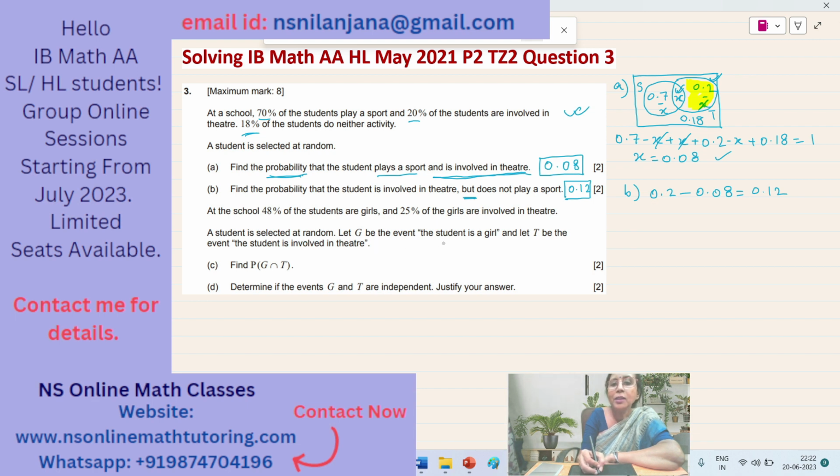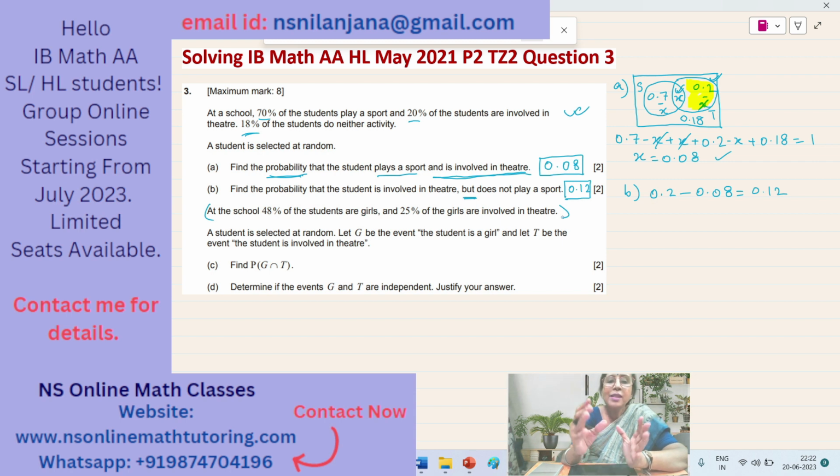Let G be the event, the student is a girl, and let T be the event, the student is involved in theater, and we are having two more subparts. But first of all, let us try to understand what this part means. At the school, 48% of the students are girls and 25% of the girls are involved in theater.